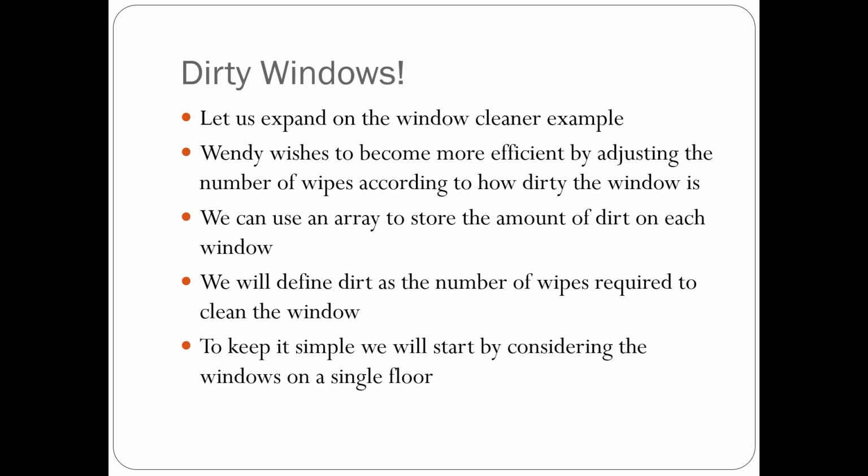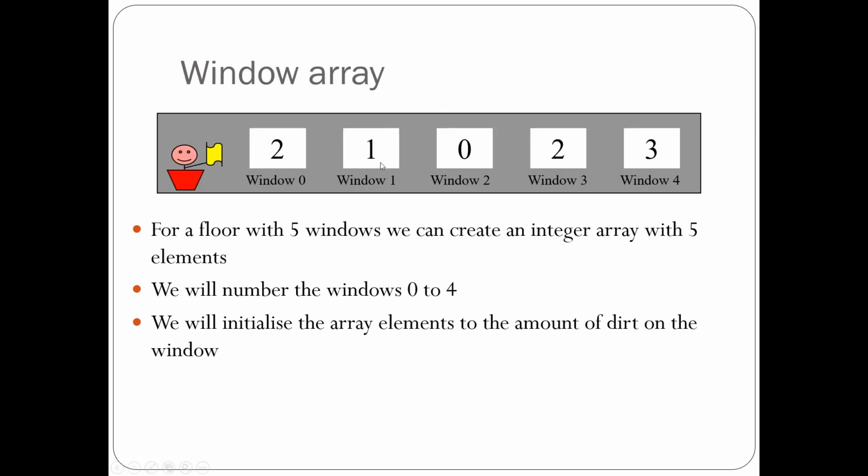We'll start with something relatively simple, something we already know, and look at just one floor of a building. As you can see, this is one floor of a building, and we've got 5 elements in the array: 0, 1, 2, 3 and 4. We're going to initialize the array as part of the program with predefined amounts of dirt on each window.